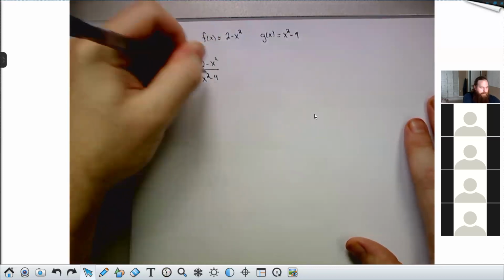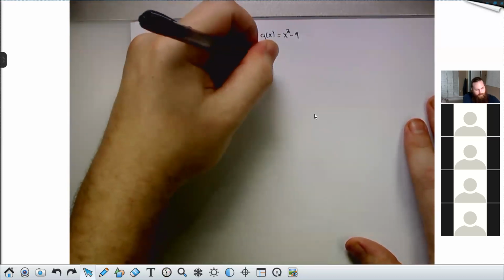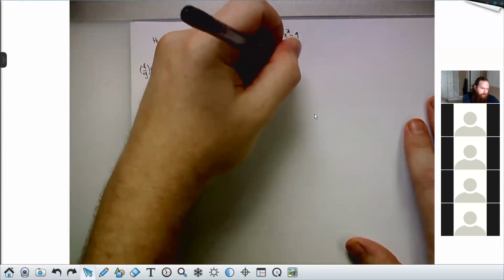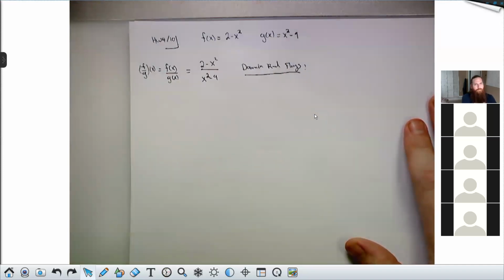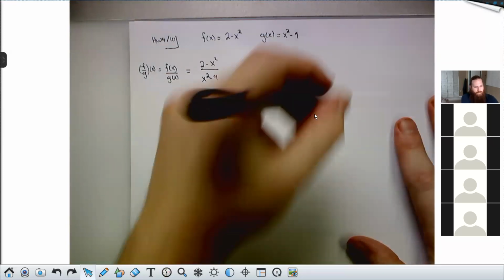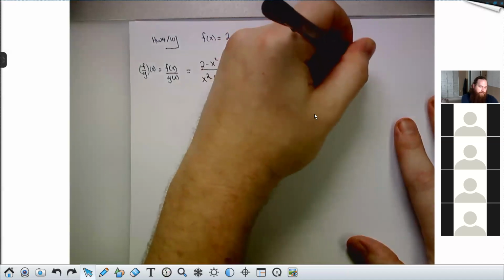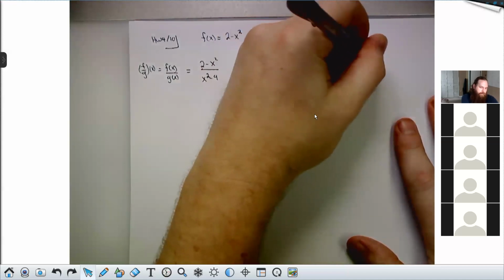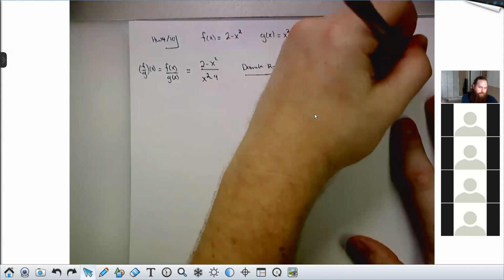How would we find the domain here? I've got my x squared minus 9 downstairs. So he can't be 0.